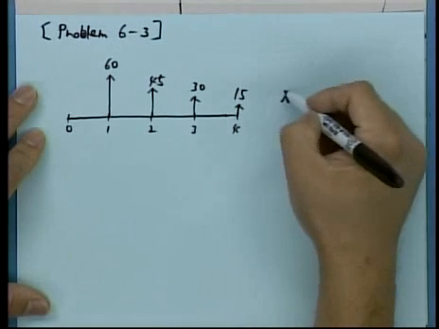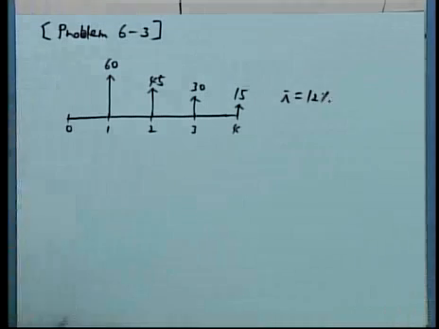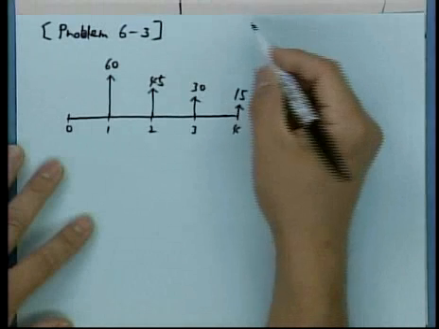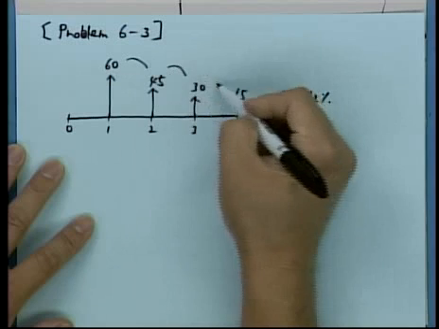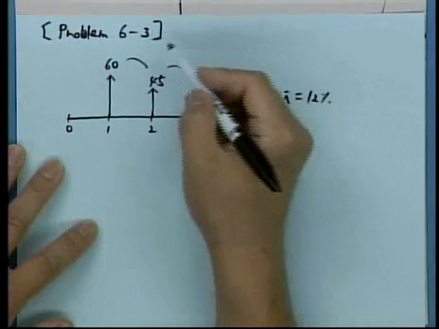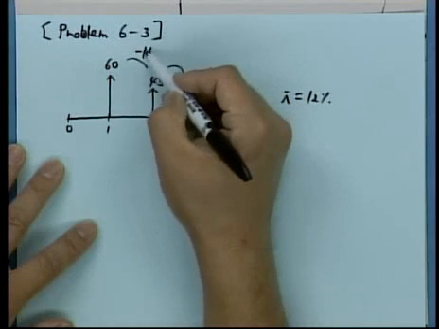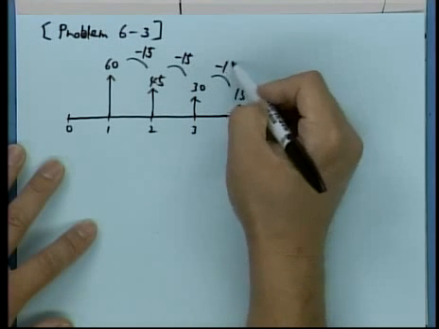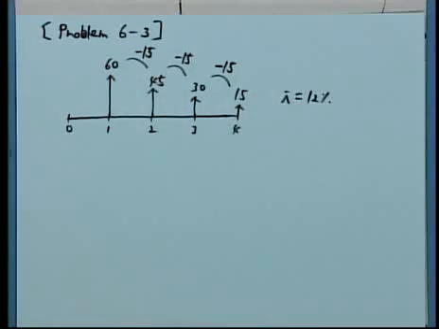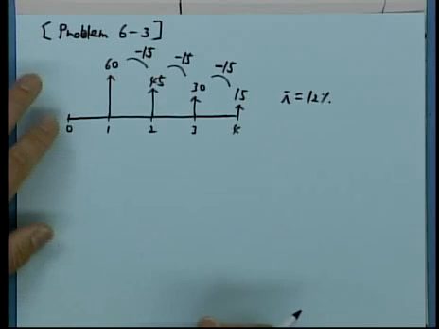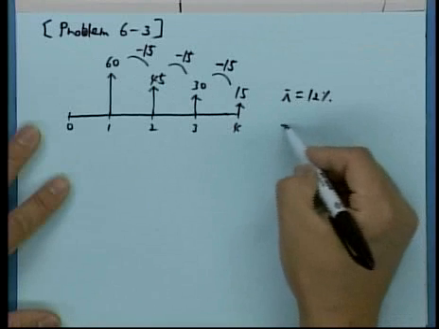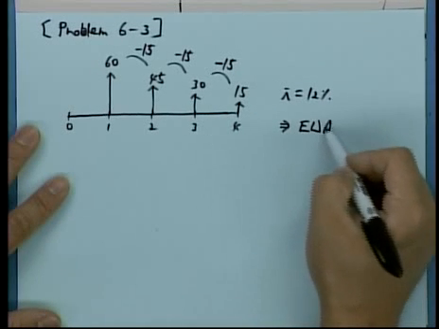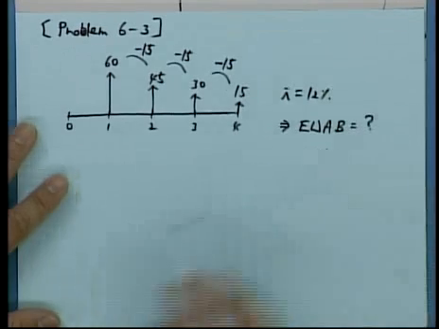Okay, and the given interest rate is 12%. Here you can see the period by period change amount is negative $15. So we can use the concept of arithmetic gradient series here, and we want to know the equivalent uniform annual benefit.